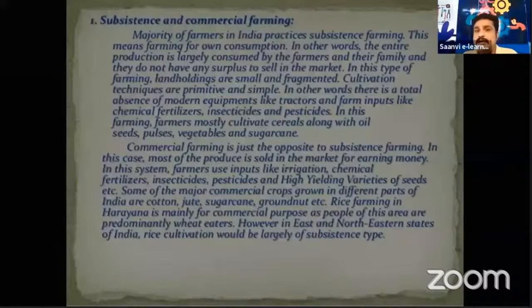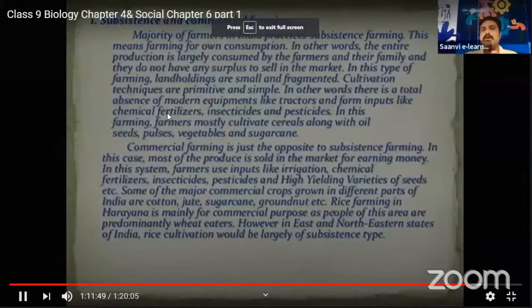In this farming, farmers mostly cultivate cereals along with oil seeds, pulses, vegetables, and sugarcane. So these are the crops they produce in subsistence farming. And now coming to commercial. Commercial in the sense entirely business. Okay, whatever yield they get, they sell in the market.